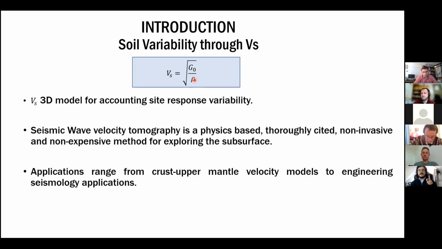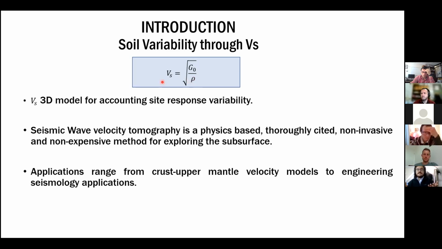But most importantly, what is of interest in this research is that VS is inherently linked to the soil structure and how waves propagate through media. So a great lateral or vertical disturbance in soil structure will affect the wave path, and ultimately this might influence the site response to liquefaction. And this last affirmation is what we want to prove in this research.